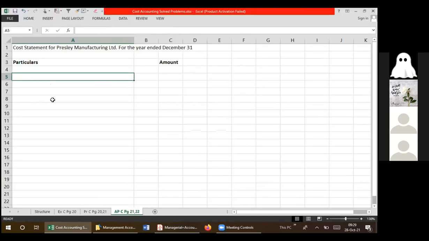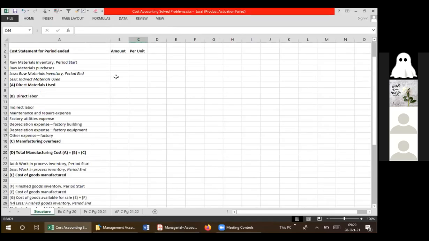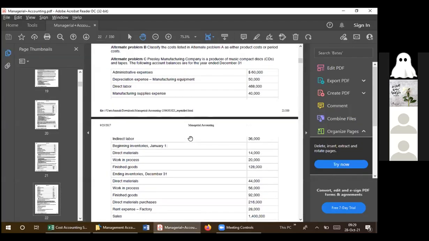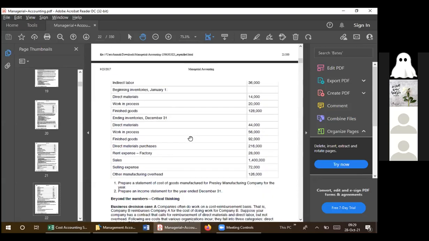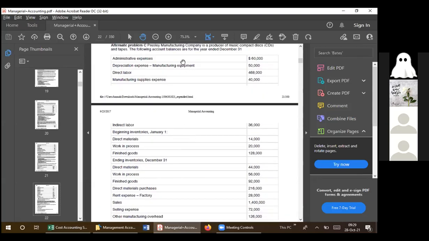So first item, we need raw materials, start inventory, purchase, and inventory. Beginning inventory January 1st, direct materials.